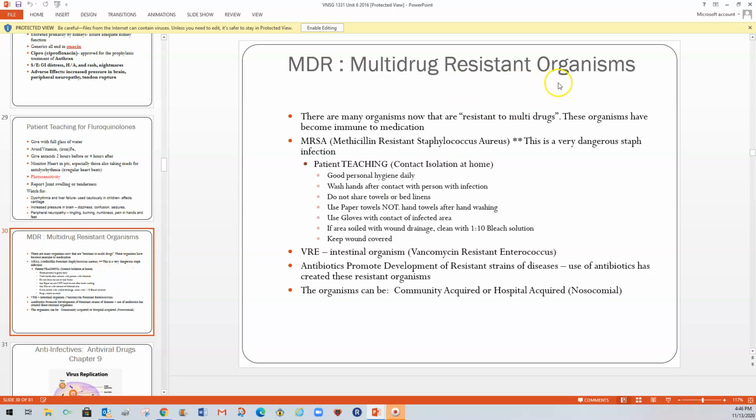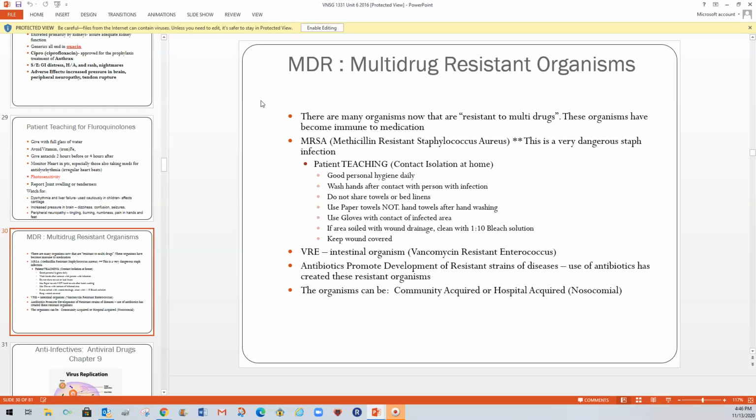Multi-drug resistant organisms. There are many organisms that are resistant to multiple drugs, and they have become immune. These bacteria have become immune to meds, so there are very few meds that will touch them. One is what we call MRSA, methicillin-resistant Staphylococcus aureus.